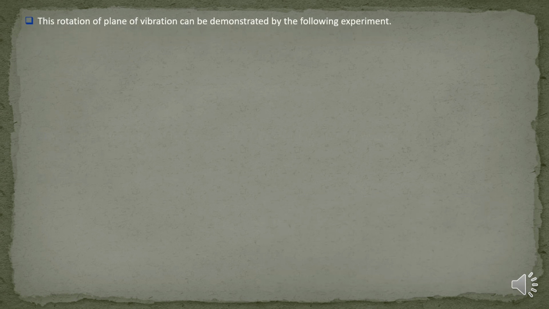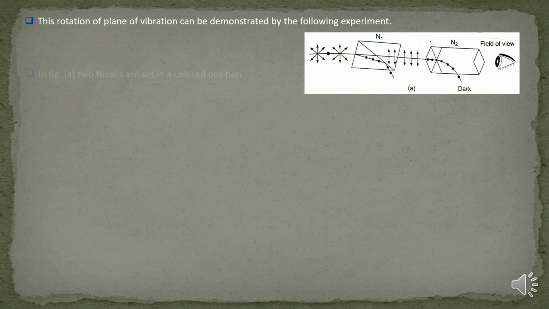This rotation of plane of vibration can be demonstrated by the following experiment. In figure A, two nicols are set in crossed position. The field of view is dark.